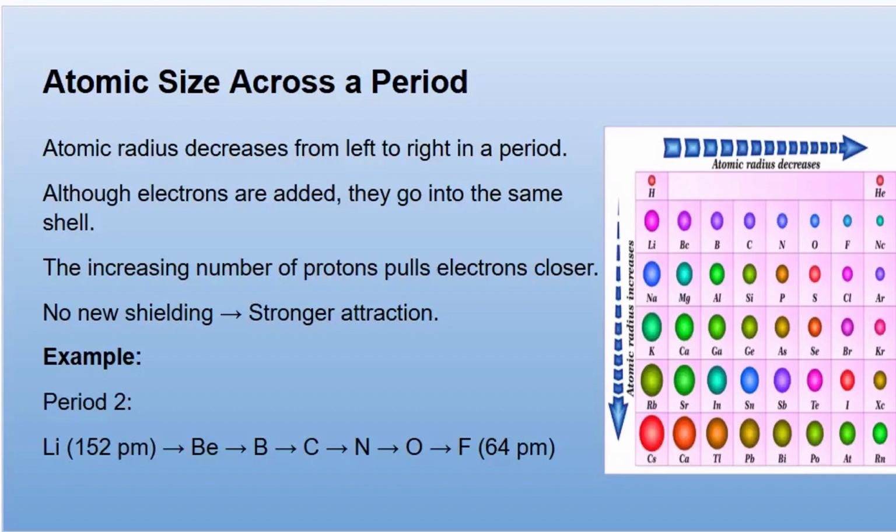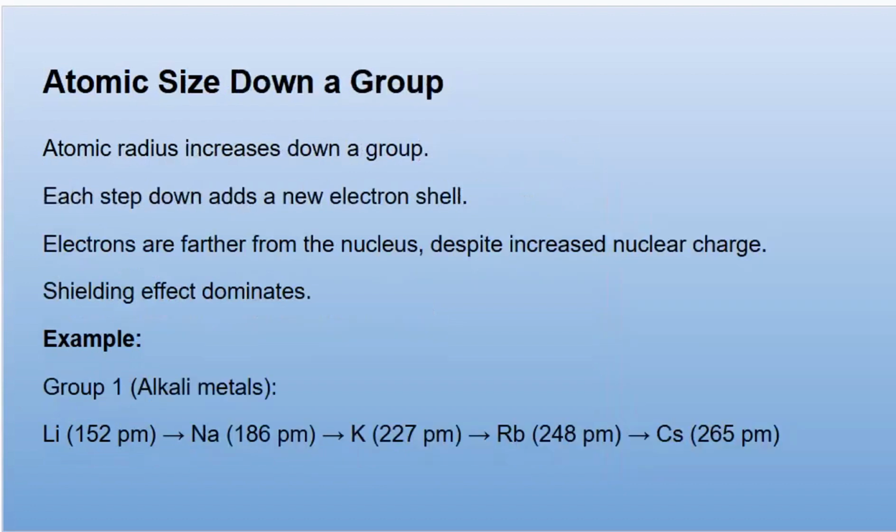That stronger pull brings the electrons closer, making the atom smaller. Example time: in period 2, lithium, beryllium, boron, carbon, nitrogen, oxygen, fluorine, the size decreases from 152 picometer to 64 picometer. So as we move across, atoms get tighter and smaller.